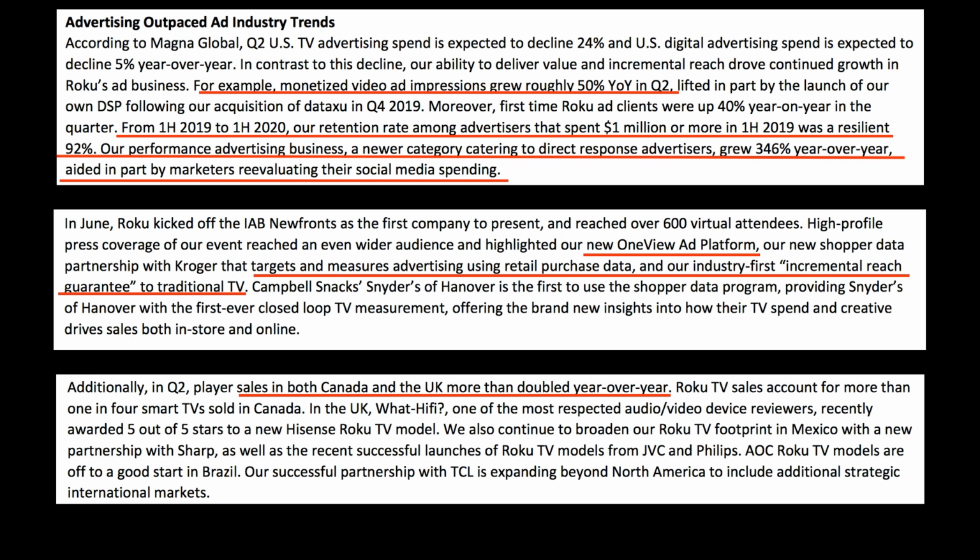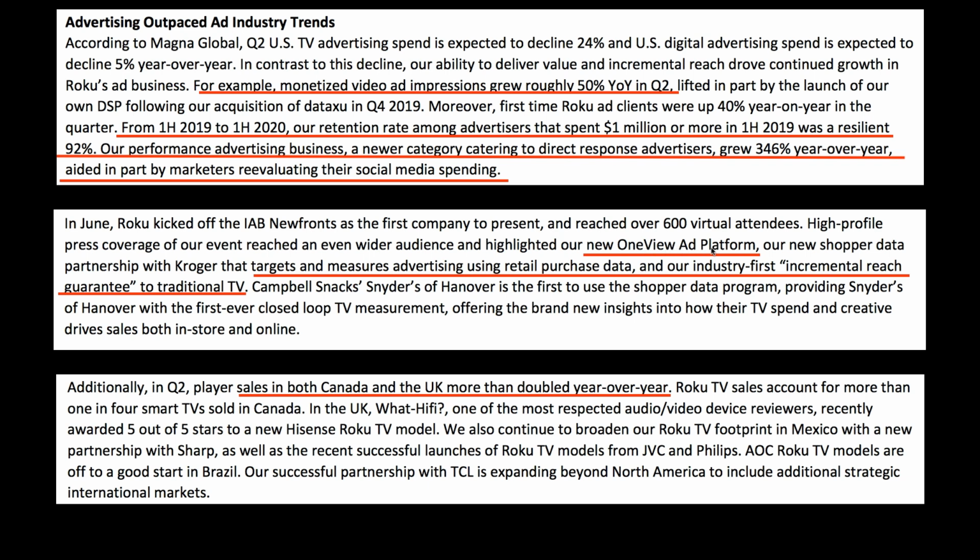Here another 3 screenshots, and I already talked about that a lot. You can see that here, for example, monetized video ad impressions grew roughly 50%, and that was in the COVID situation. So that was monster growth. And you can see here also a newer category catering to direct response advertisers grew 346% year over year. So that shows you that there is a lot of growth also in these advertising products from Roku, and they have a new OneView ad platform.